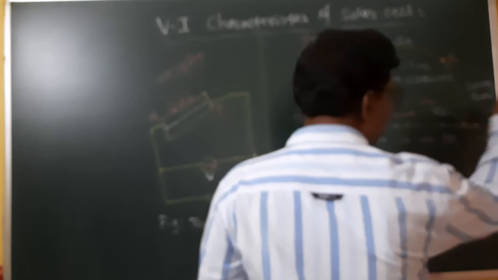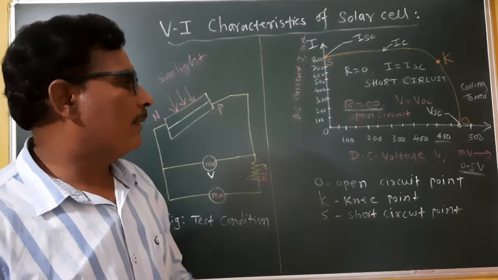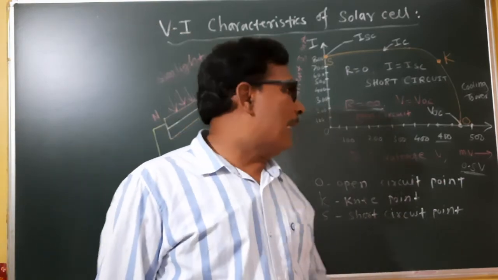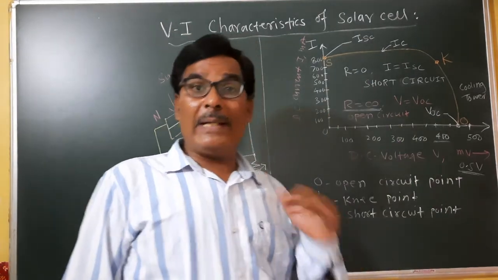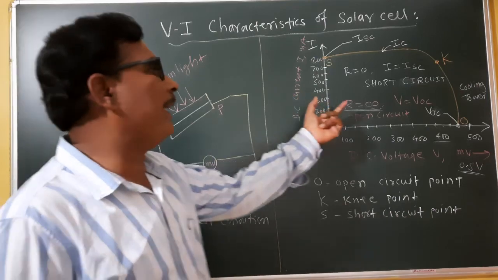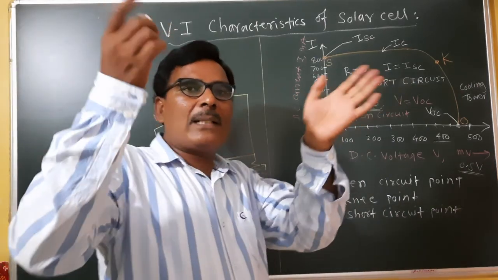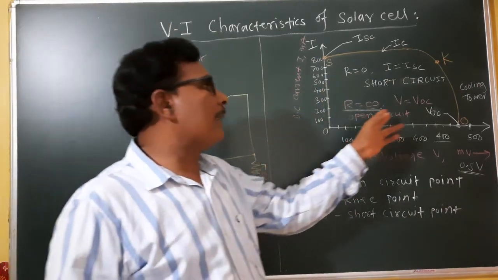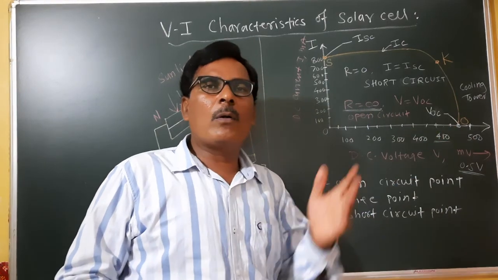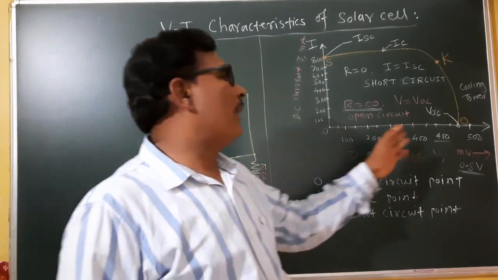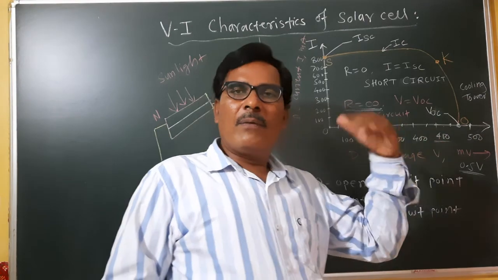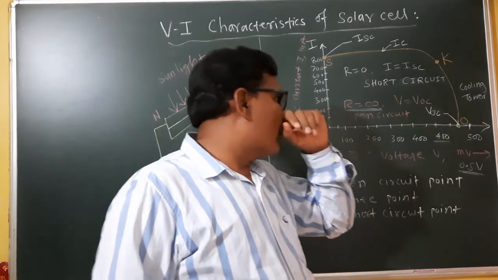When R is infinity, meaning R is at its maximum in the megaohm range, the voltage generated is about 0.5 volt or 400 to 500 millivolts.